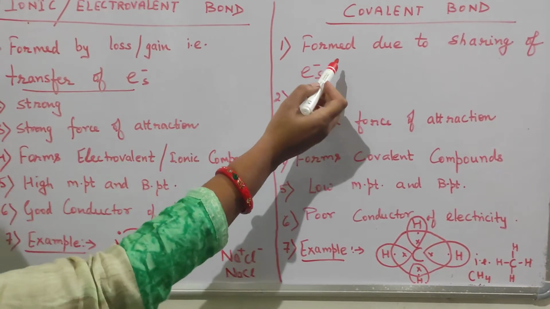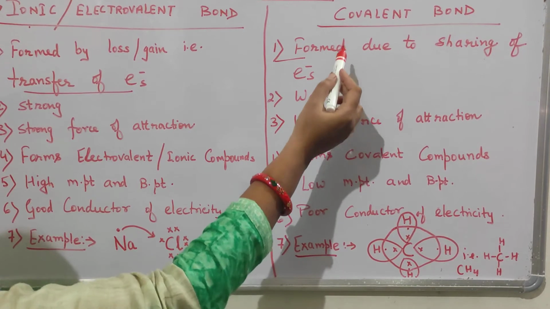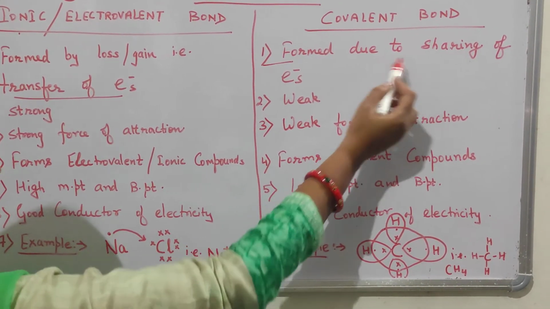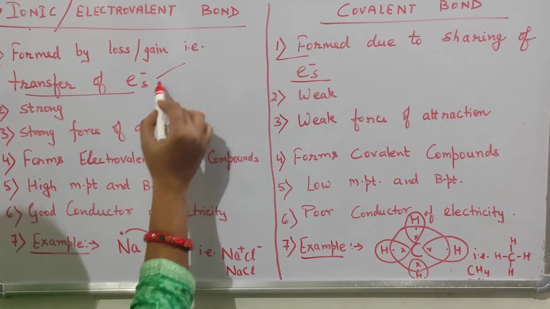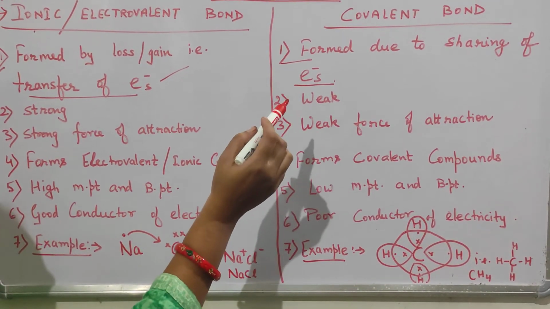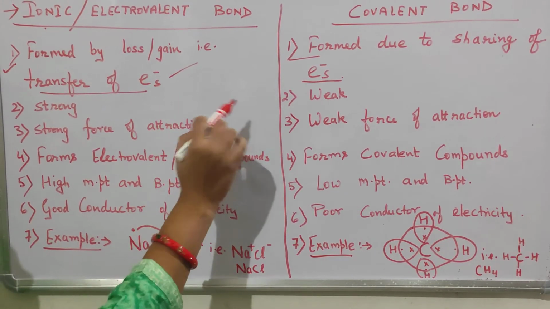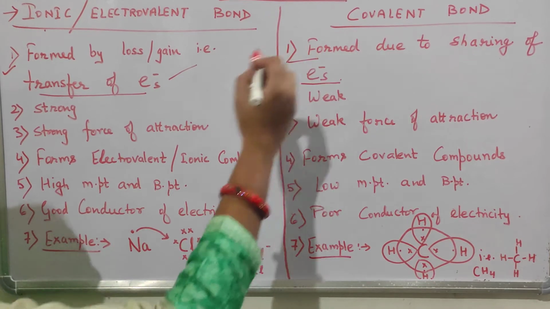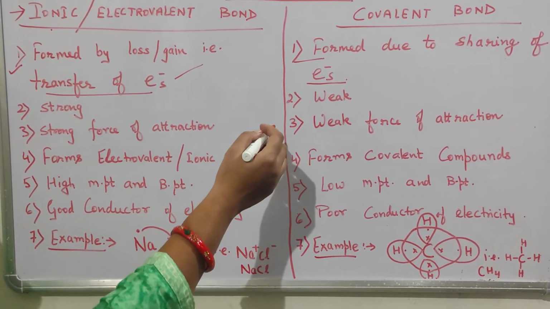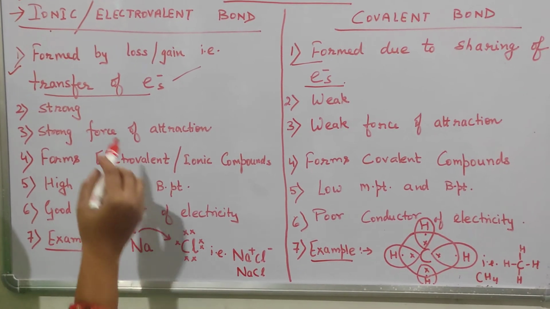There only on the right hand side for the covalent it will be covalent bond is formed due to sharing of electrons. It means here totally loss or gain, here is the sharing. Here either it takes or gives electrons, but here what happens is sharing, that let's share it together, as you people love to have your lunch, so like this they also love to do sharing work.